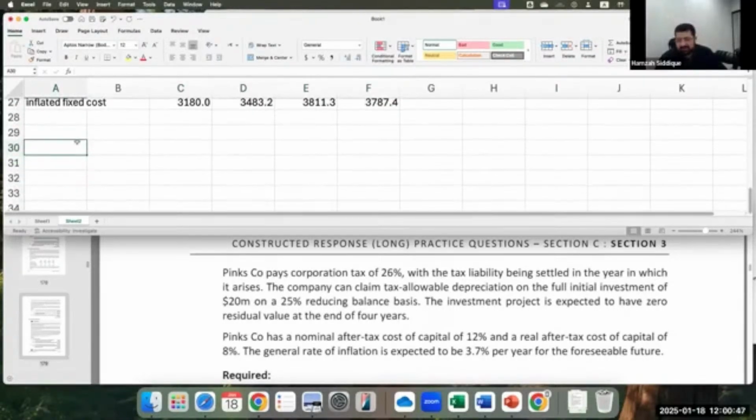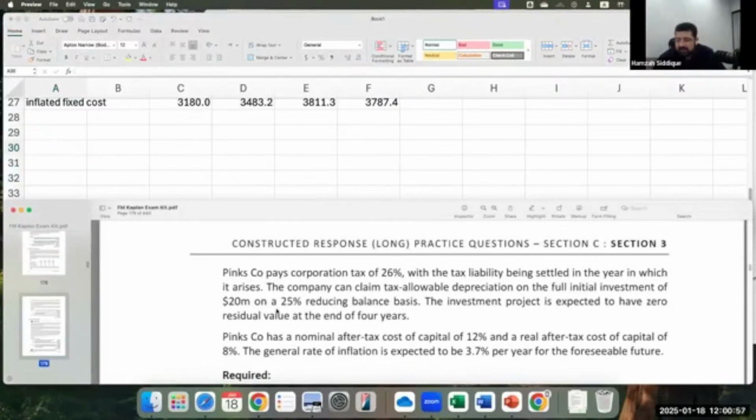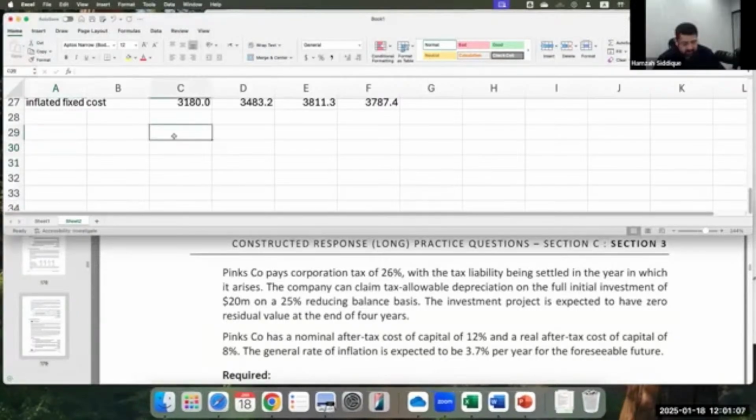It is very easy. They say they can claim tax allowable depreciation on the full initial investment of 20 million on a 25% reducing balance basis, with zero scrap value at the end. So here years 1, 2, 3 and 4.